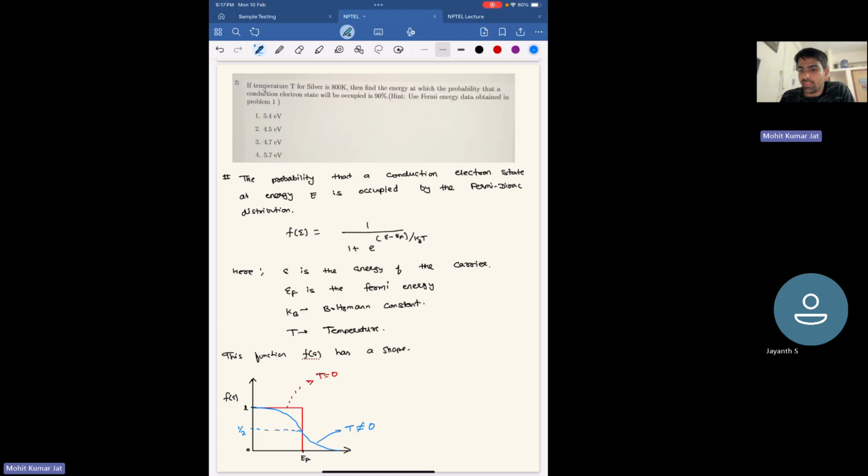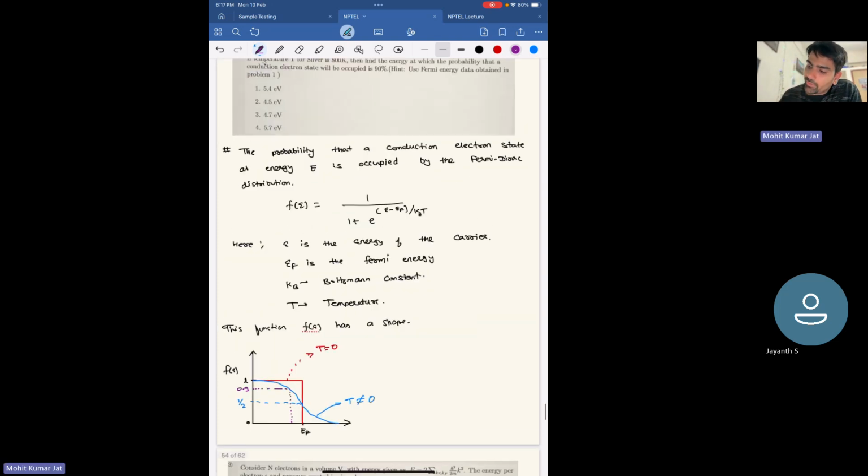So what is the energy at which this curve has the value 0.9? That's essentially what the question is asking.